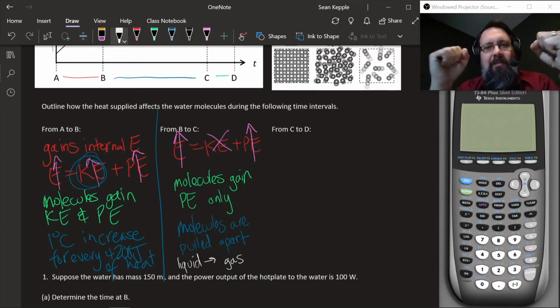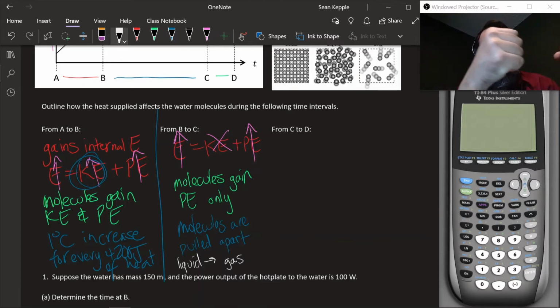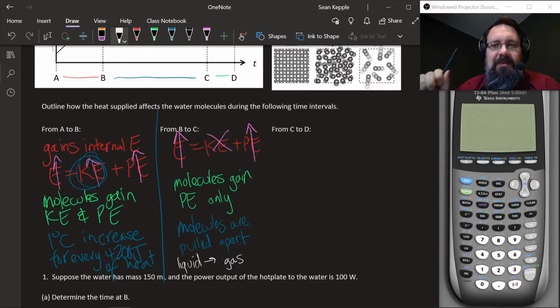What makes the water a liquid is that the molecules are still attracted to each other and moving around. But when you add energy to pull them apart, now it's a gas and they're flying all over the place. So the energy we're supplying is not going into raising the temperature, but rather into changing the phase.